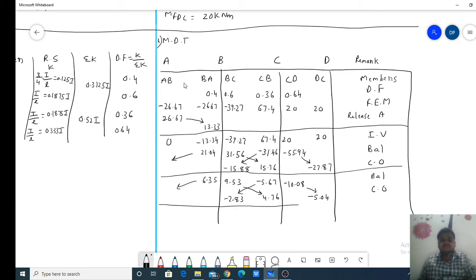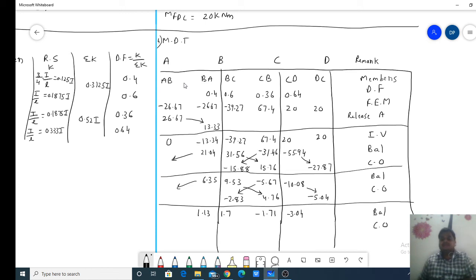Now after this, so once again one more iteration, once again balance, minus 2.83, change the sign and multiply with 0.4, this comes out to be 1.13, and this comes out to be 1.7, right. 4.76 means change the sign, minus 4.76, multiply with 0.36, minus 1.71, and minus 3.04.